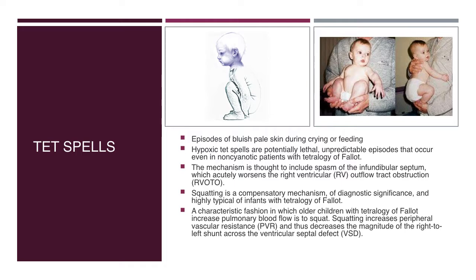So if you think about it, the blood can't return as easily, and that decreases the right to left shunt across the VSD, and that allows that spasm to relax so that more blood ends up in their lungs and they become more oxygenated again. So yes, these kids do eventually have heart surgery on their defects, and they can live a long life after their surgeries.